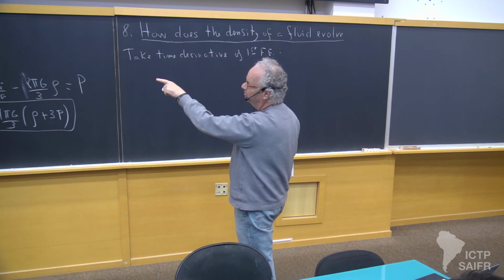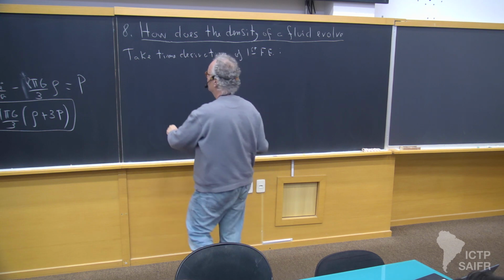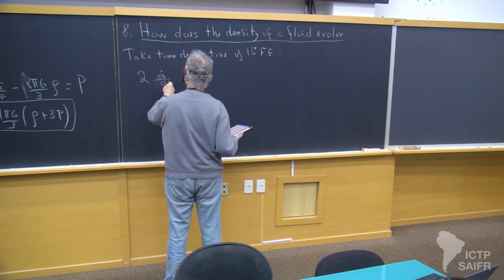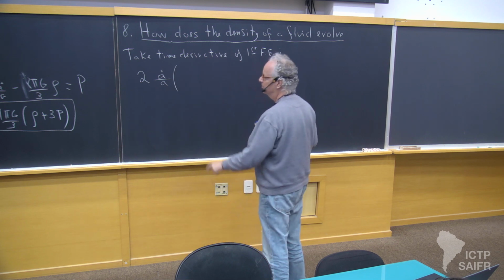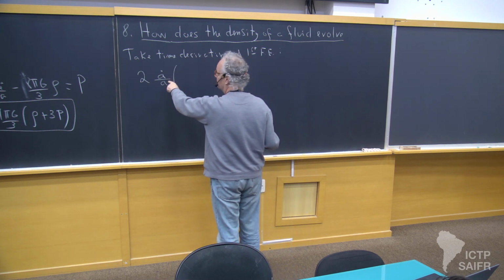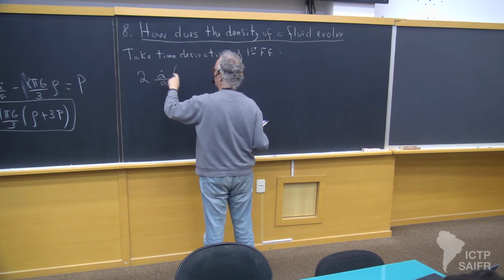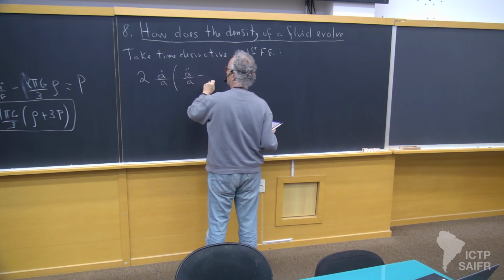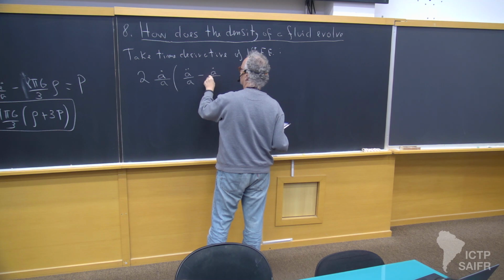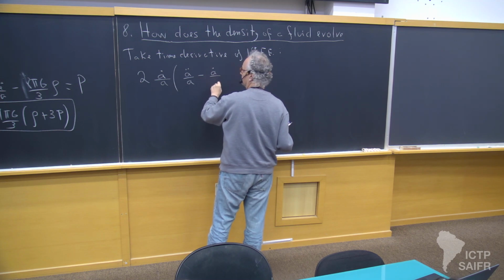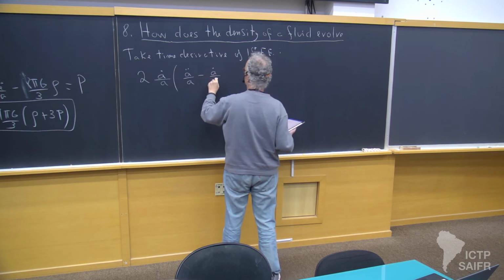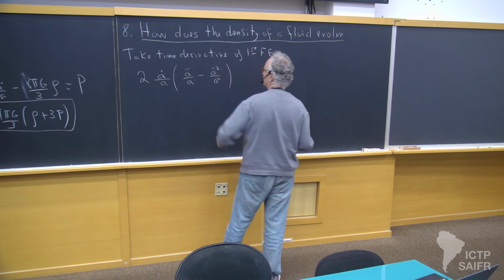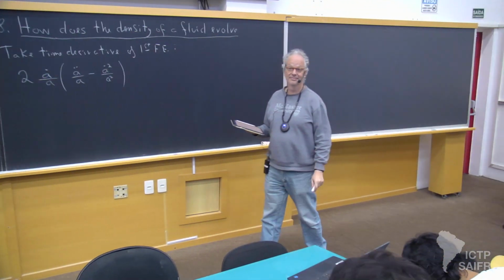Taking the time derivative of the left-hand side, what you get is 2 times a dot over a. And then you have to, again, take the derivative of this guy here. So that's a double dot over a minus a dot over a squared, and then you have a dot. Is that correct?